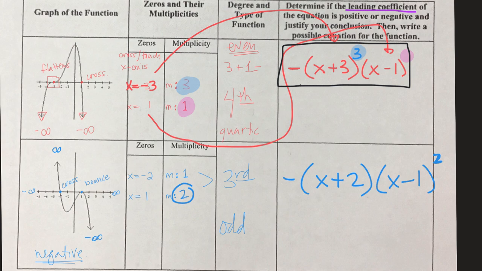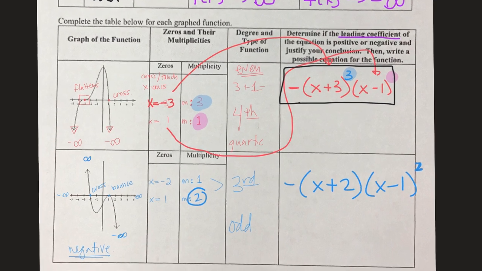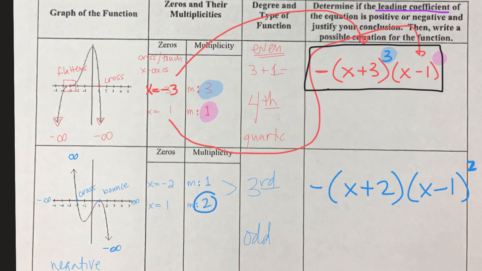Okay, so this is what we want to be able to do, is look at a graph and write an equation for it. And it says a possible equation because we don't know what the y-intercept is, so we don't know if there's a 2 in front of your x cubed or a 3, right? We don't know how much it's been stretched.